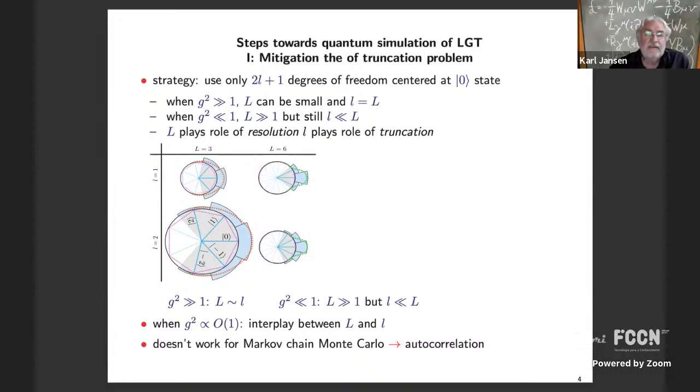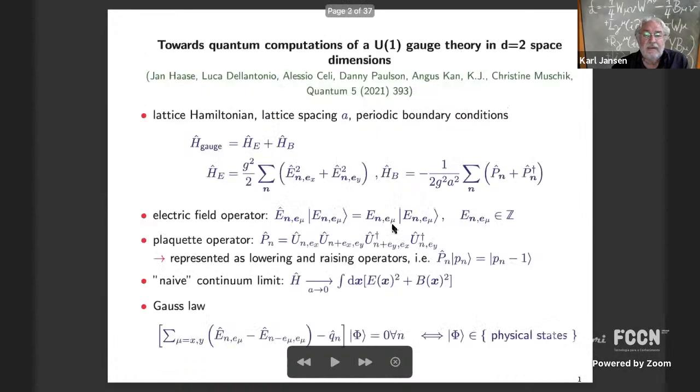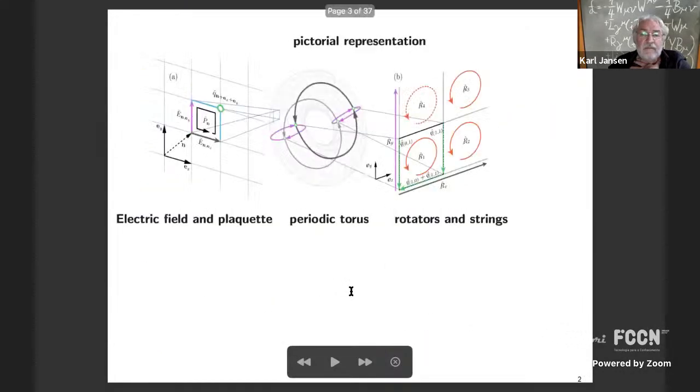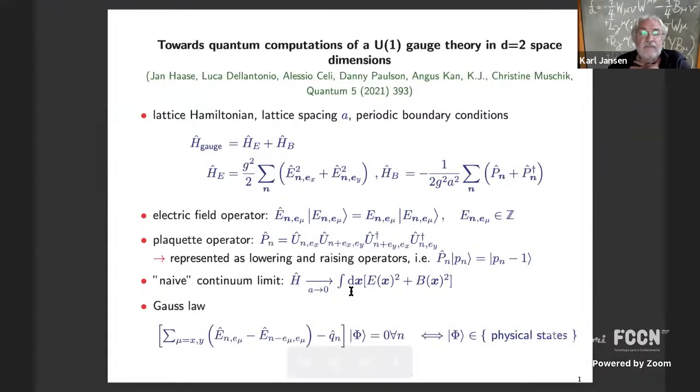Exactly. So what we said, I cannot page, let me try again. What we said, these are the eigenvalues of the electric field operator, right? Which in principle goes from -infinity to +infinity. And what we do is not this. This slide is gone.